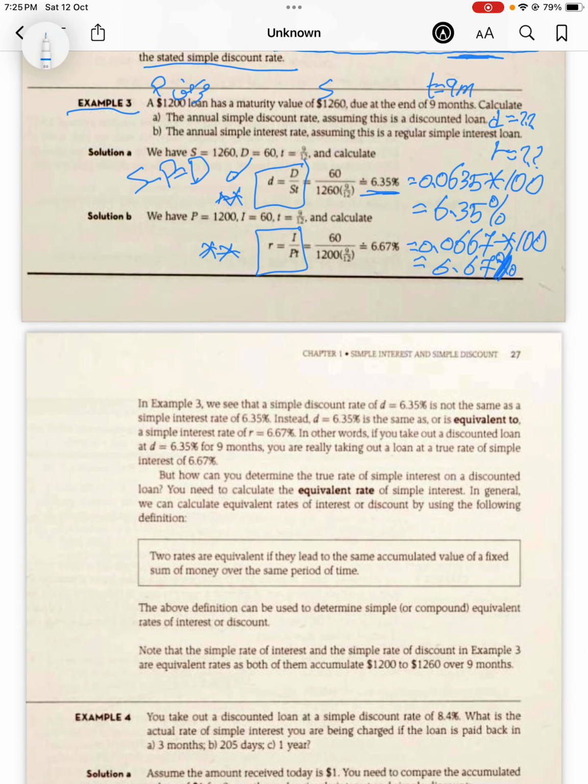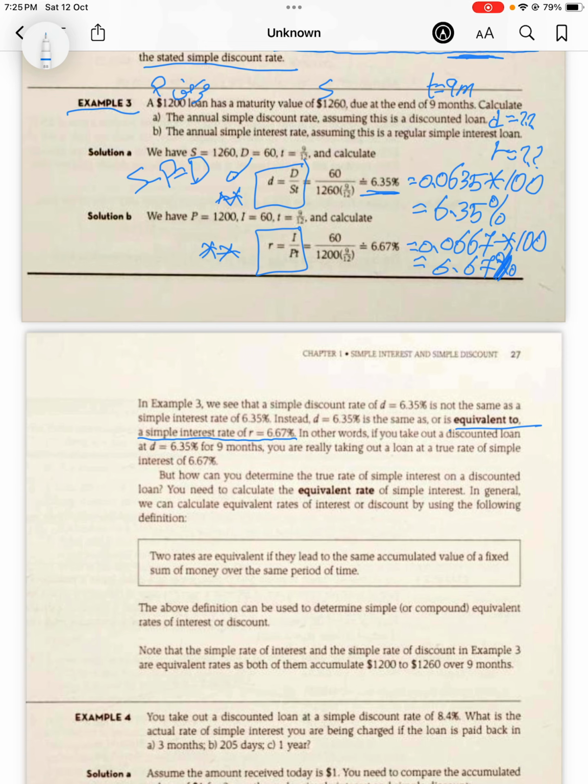Here in example 3, we see that the simple discount rate d equal 6.35% is not the same as the simple interest rate. Instead, d equal 6.35% is equivalent to the simple interest rate R equals 6.67%.